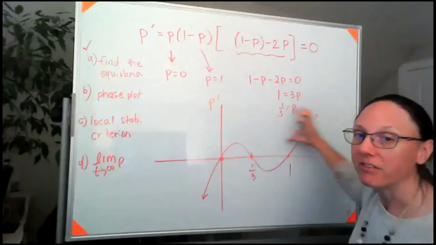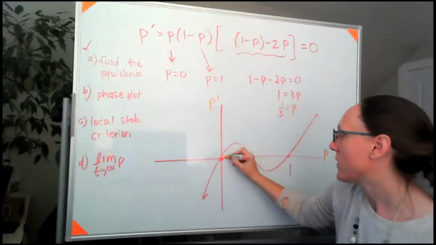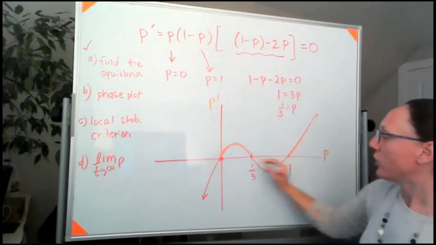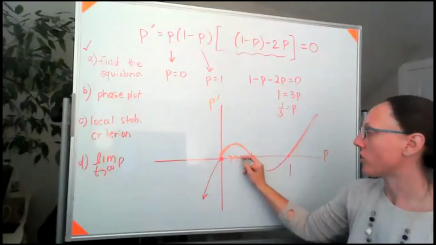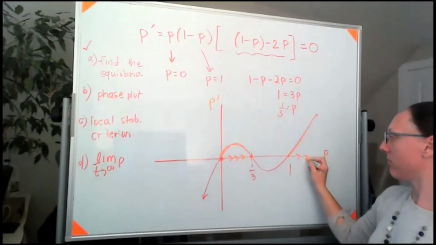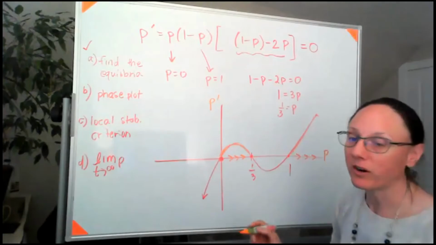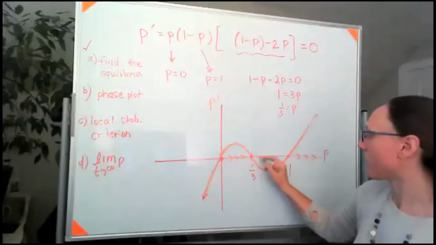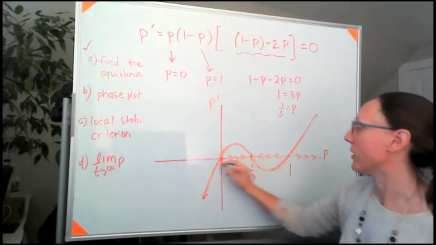Anywhere the curve is above the axis, those are places where I would be pushed to the right. And anywhere that we are below the axis, those are places where we'd be pushed to the left.